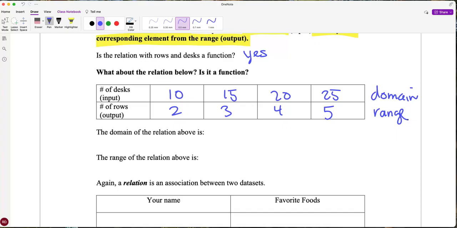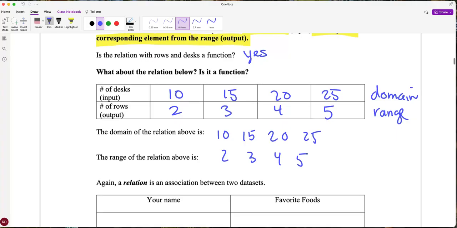One answer, you get 2. You don't get 2 and 3 back from 10. You only get one number back. So this is a function. The domain of this function is what? 10, 15, 20, and 25. The range of this function is what? 2, 3, 4, and 5. So it is a function because everything in the domain is only giving me one answer back from the range.